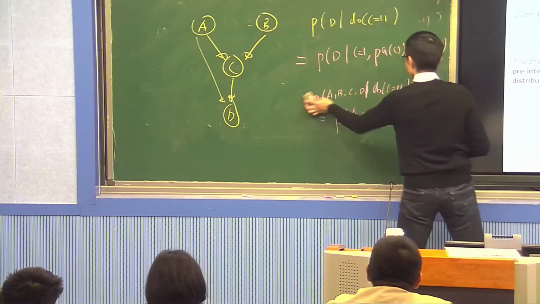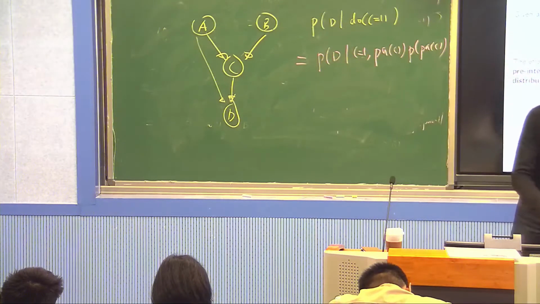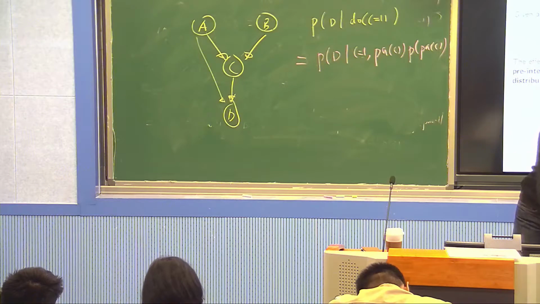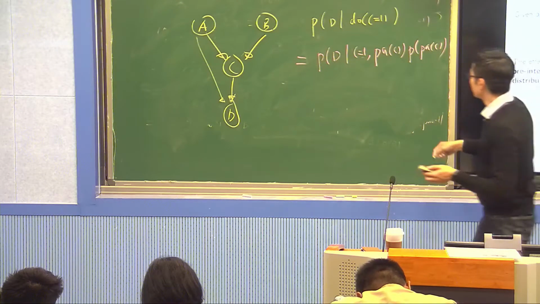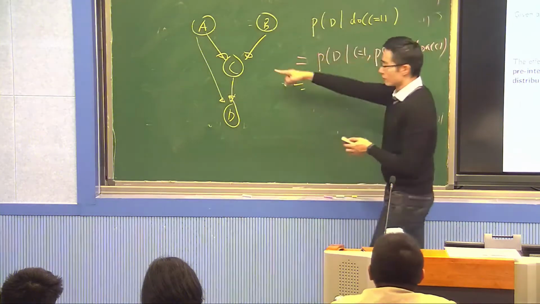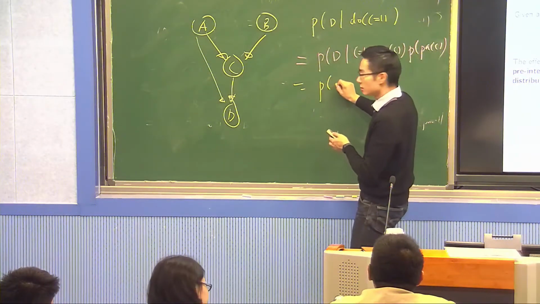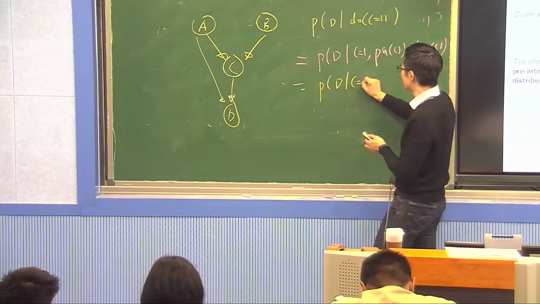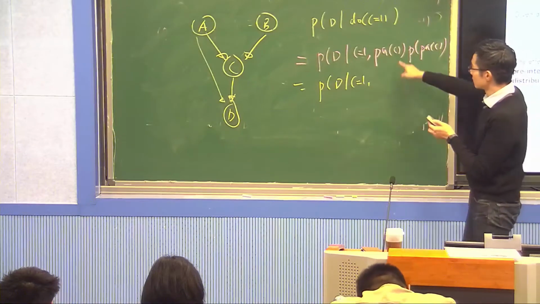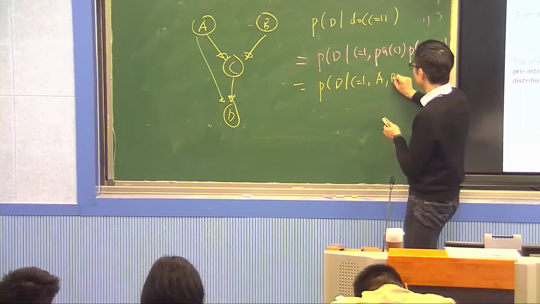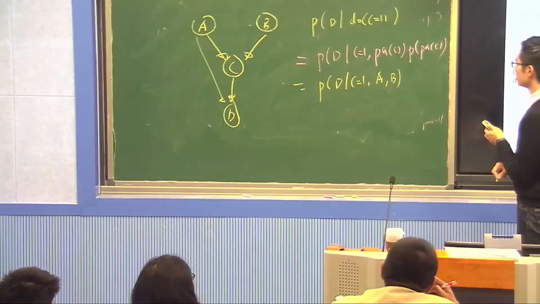Okay. So what is this thing? Can we write it out? From this graph, it's P(D | C=1, ...). But what are the parents of C? A and B, right? Okay, very good.